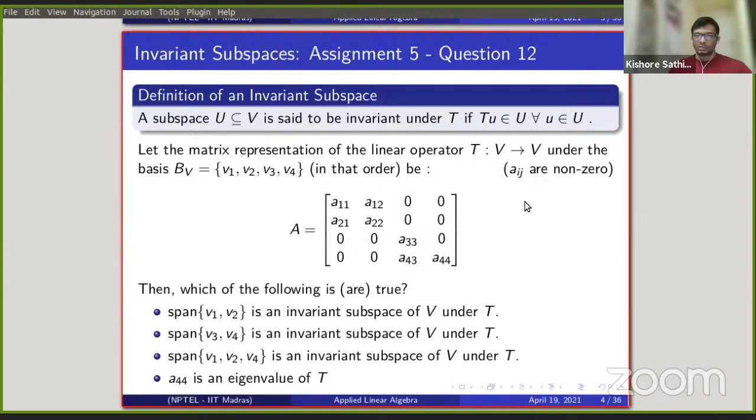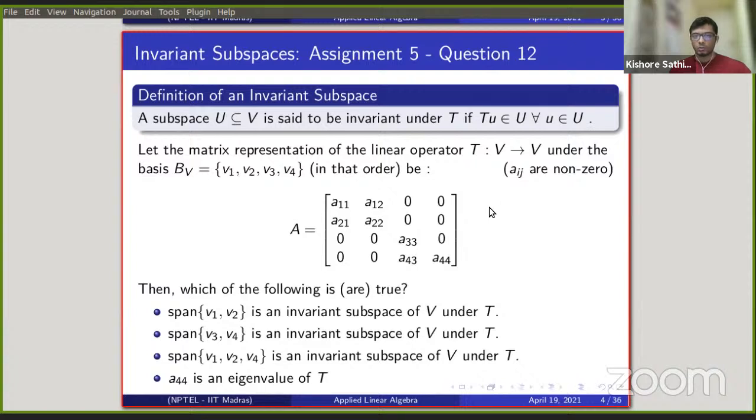All right. So another key concept in week 5 was invariant subspaces. So we think that question 12 encompasses this really well. Let's remind ourselves of the definition of an invariant subspace.